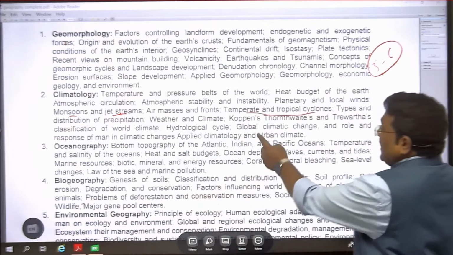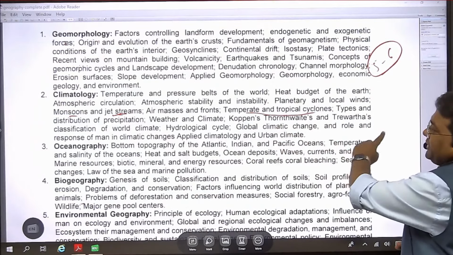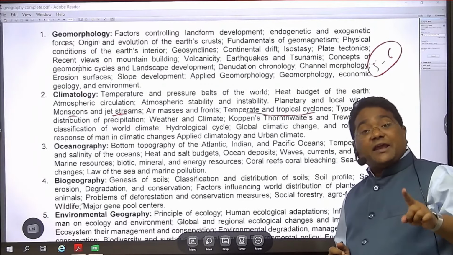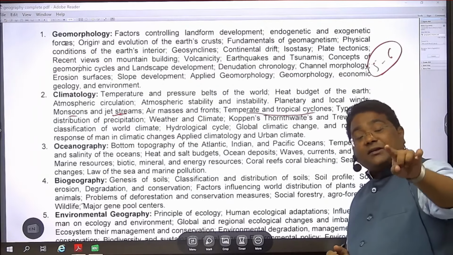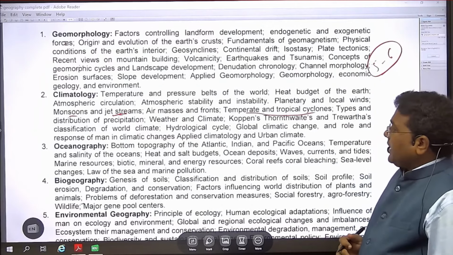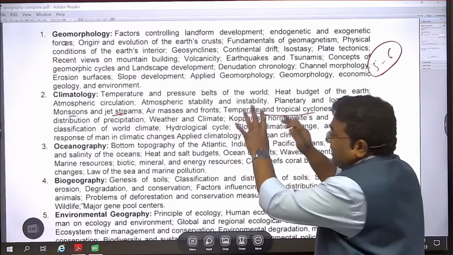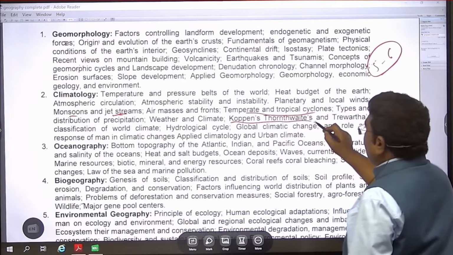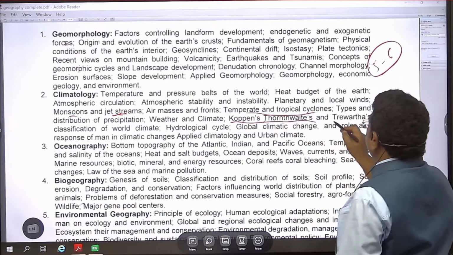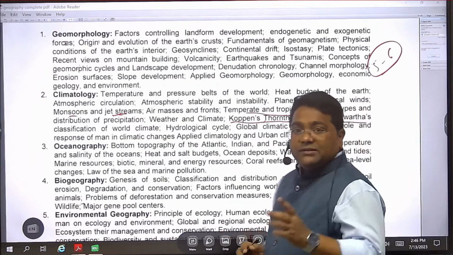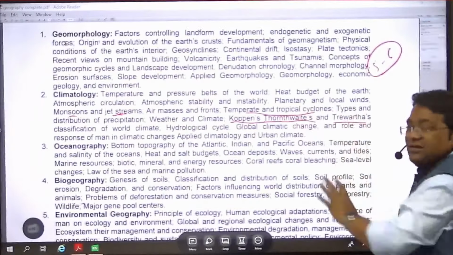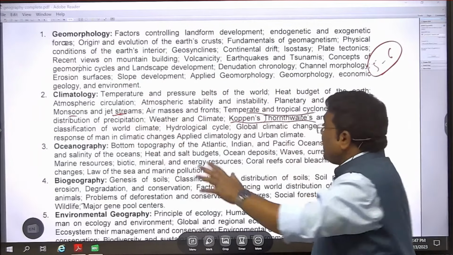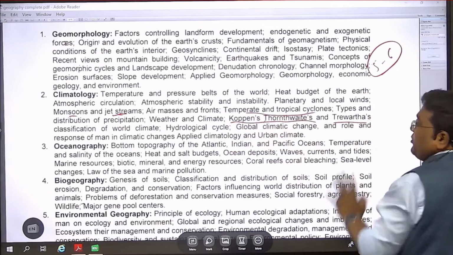So here you will be covering comprehensively types and distribution of precipitation. Precipitation is separate, rainfall is separate. Rainfall is part of precipitation, right? Then in climatology in the optional, the exceptions are Köppen, Thornthwaite and Trewartha theories. This you are reading as extra in the climatology. So all other topics you are reading in the GS, but this is a completely optional point.